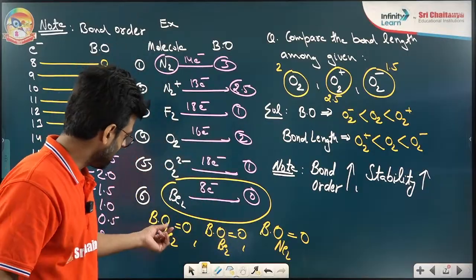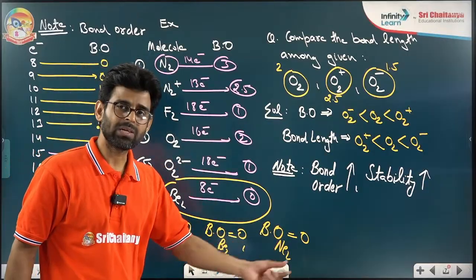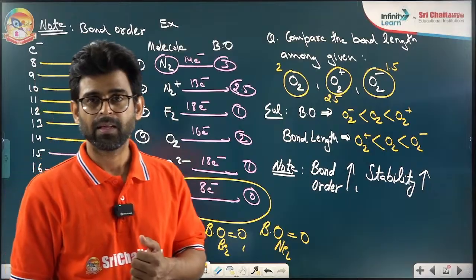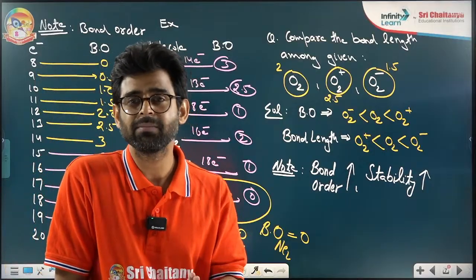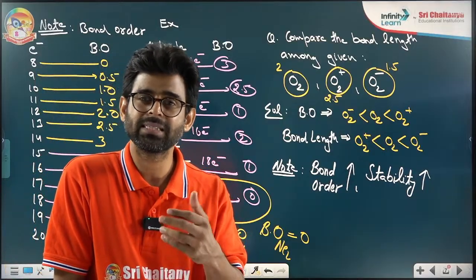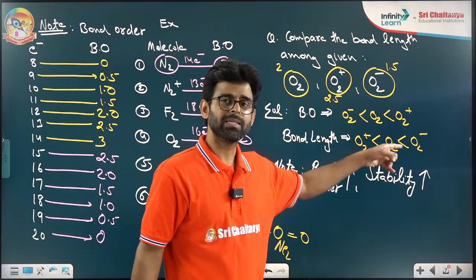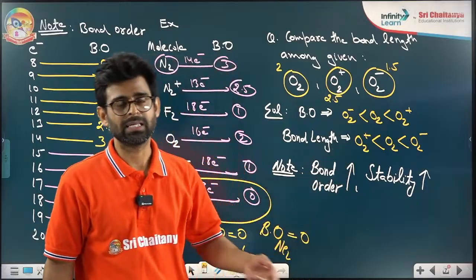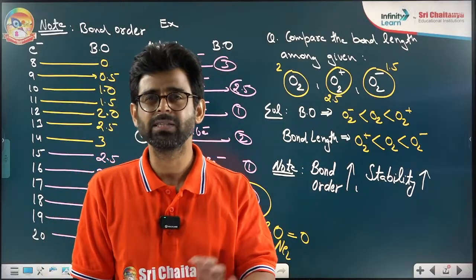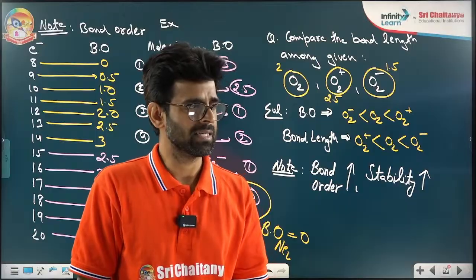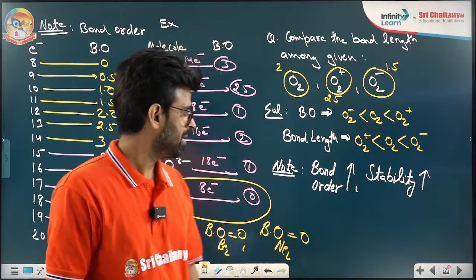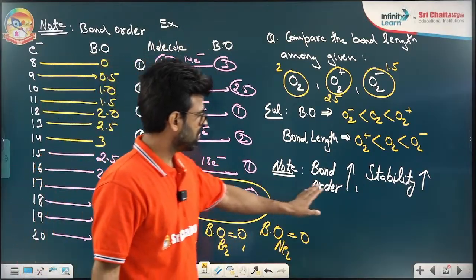That's why He2, Be2, Ne2 don't exist. If the bond order is 0, it is highly unstable, or I will say these don't even exist. So higher the bond order, higher the stability. Lower the bond order, lesser the stability. It was a very easy question from your NCERT in the NEET exam. Right, beta? Clear?